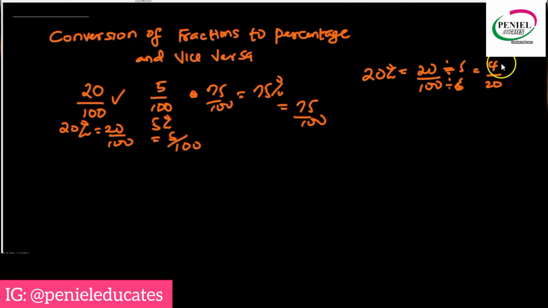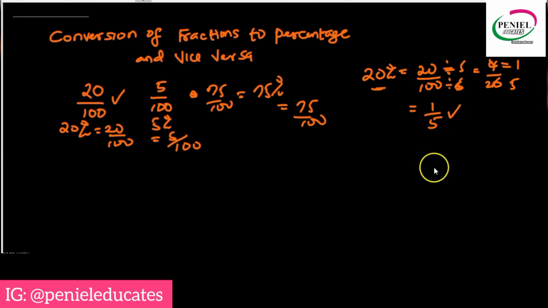Right, so I can divide this also by 4, which is 1, and this one is 5. So I can have 1 over 5 as a fraction when reduced to its lowest form. Okay, so 20% has been converted to a fraction.